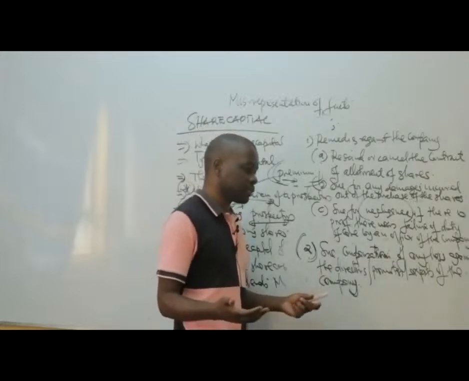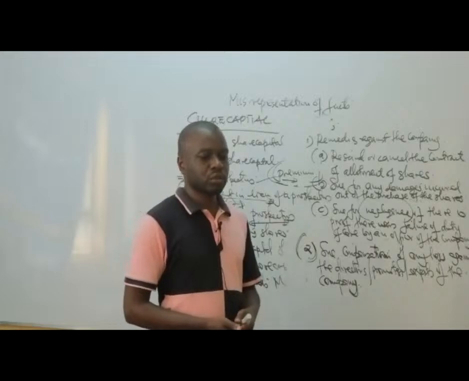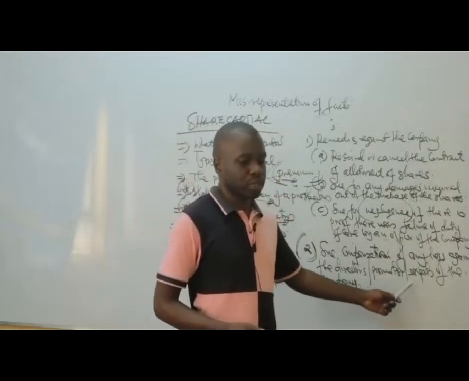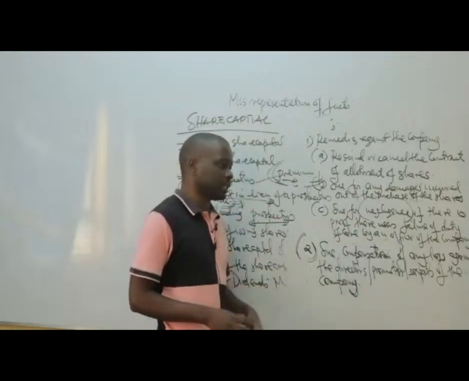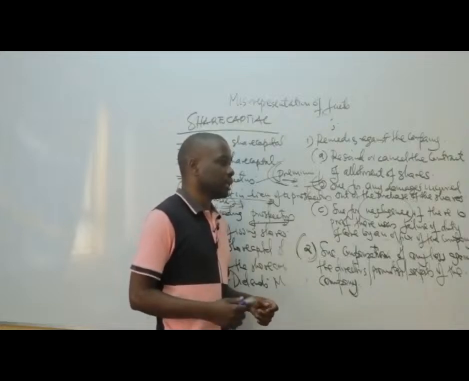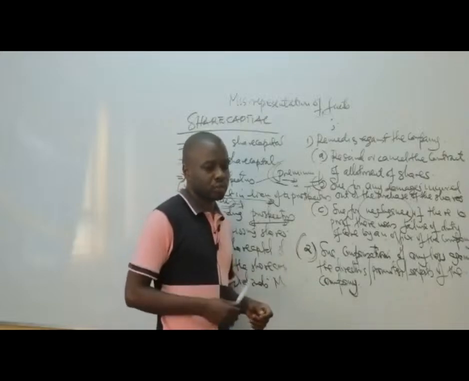They prepare financial statements, which are relied upon by people outside the company. So if they don't give out true information, they can be held responsible for what was contained in the prospectus. So these are the remedies that can be put forward by that particular lady, Rose Sagina.